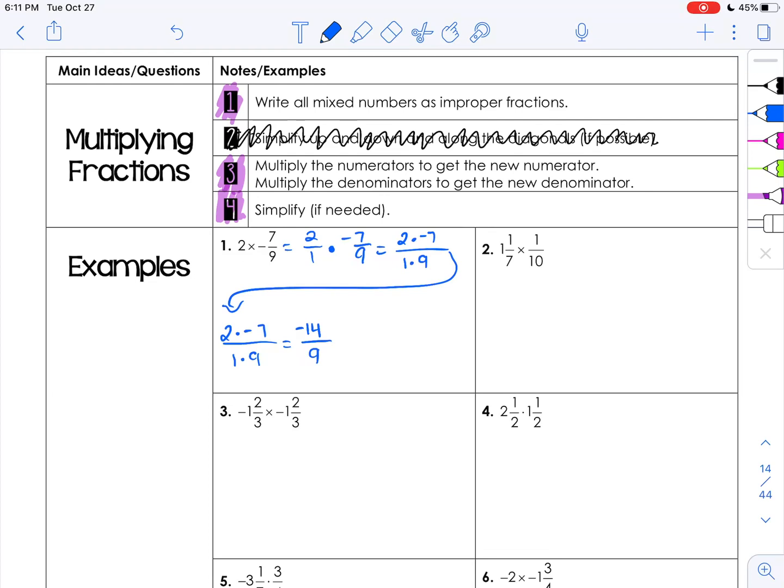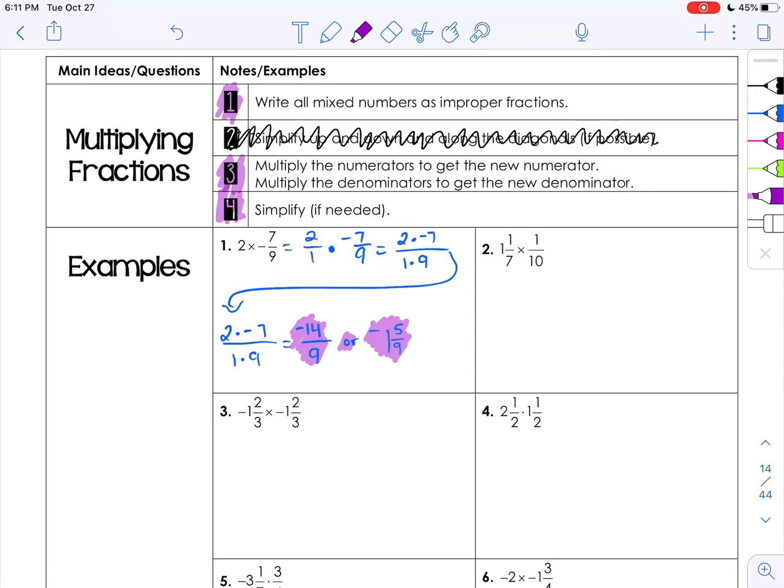However, it can be written as a mixed number. Writing it as a mixed number does not change the fact that it's negative. 9 will go into 14 one time, with 5 left over, and your denominator of 9 stays the same. So your answer as an improper fraction is negative 14/9, or as a mixed number, negative 1 5/9.